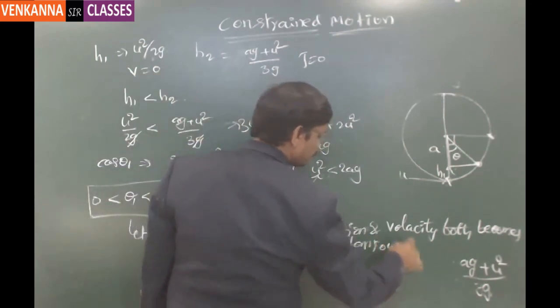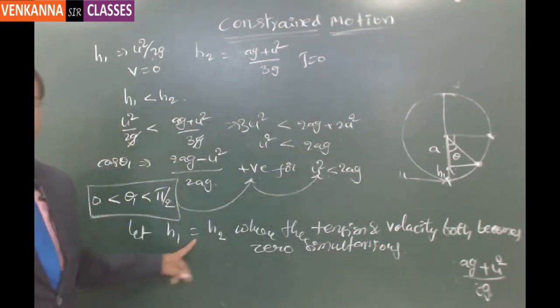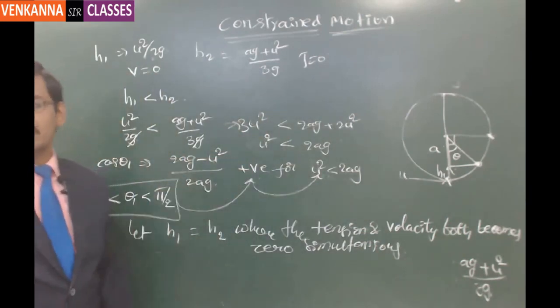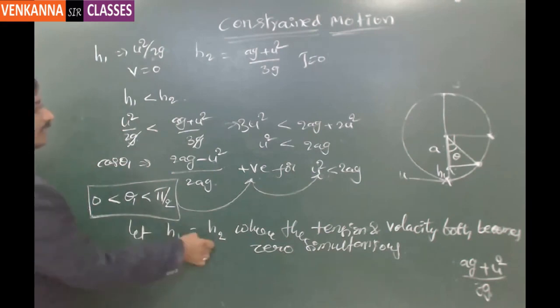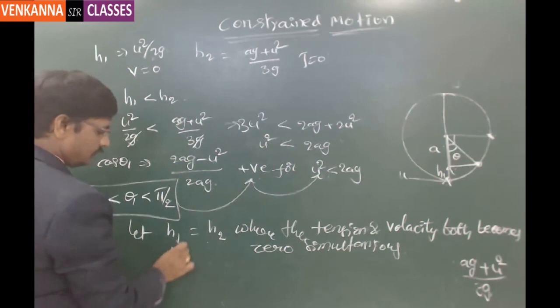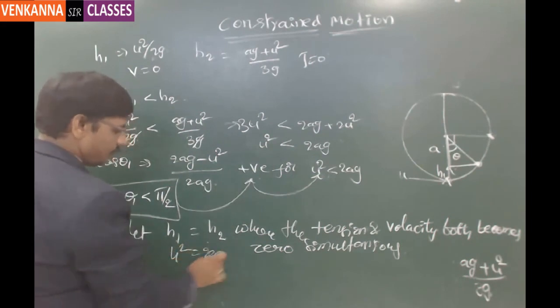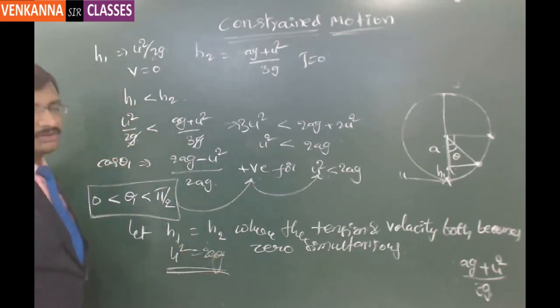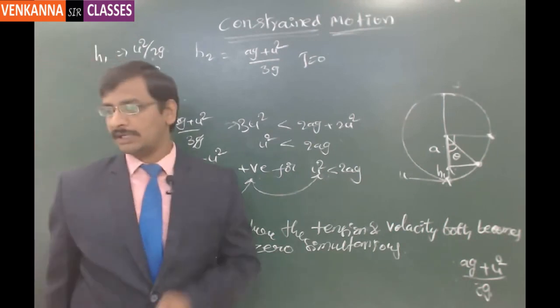Then the position where it can happen is, that is, H1 is equal to H2. Now in such case we will try to find out the angle. Now, instead of the less than symbol, it is going to be equal, that is u square is equal to 2ag will be the condition where the tension and the velocity both become 0 simultaneously.